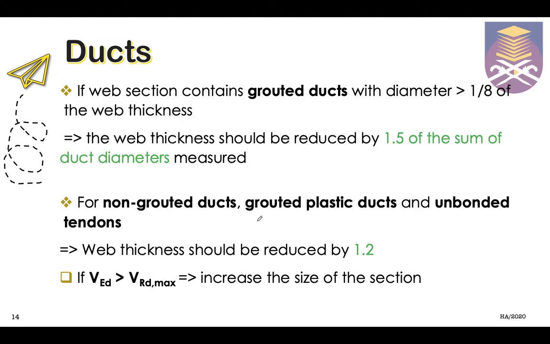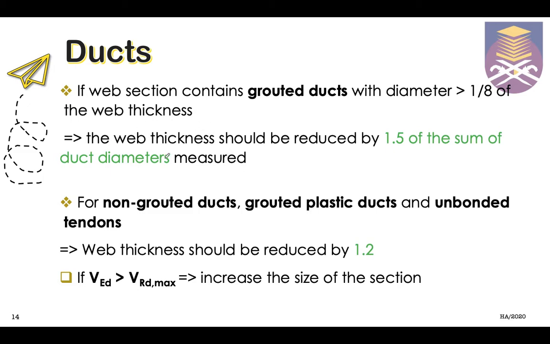Then in a post-tension section, we also have the consideration of ducts. If the web section contains grouted ducts with a diameter of more than 1/8 of the web thickness, the web thickness should be reduced by 1.5 times the sum of the duct diameters measured.